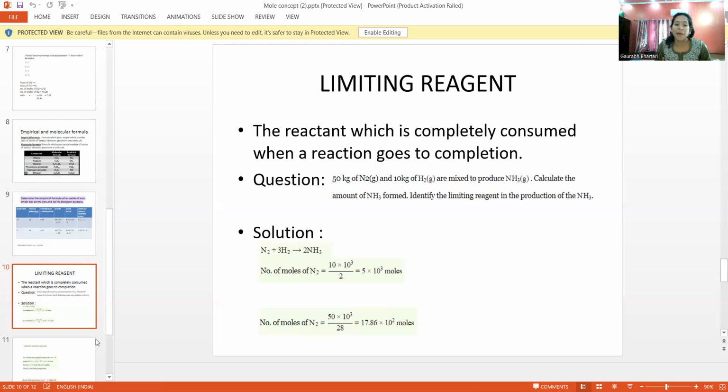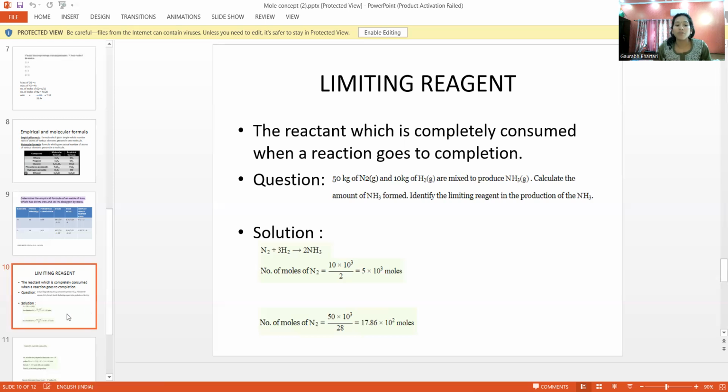Here I have written the balanced form of Haber's process: N2 plus 3H2 gives 2NH3. Now we will calculate the number of moles of hydrogen. Since it is given as 10 kg, we'll convert it into grams. Using the formula given mass upon molar mass, we take 10 into 10 raised to the power 3 grams of hydrogen divided by 2 grams, the molar mass of hydrogen.